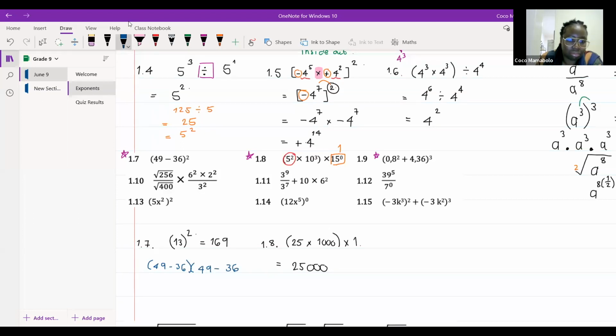What is 49 minus 36? 13. Good. That's the first bracket. And in the second bracket, what is 49 minus 36? 13. Good. So I still end up with 13 times 13, which is the same as 13 squared, and that is equal to 169.